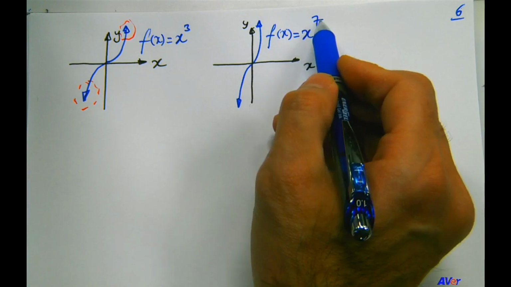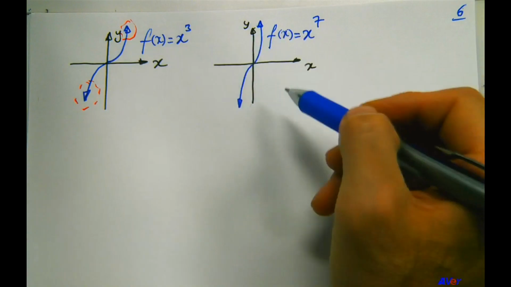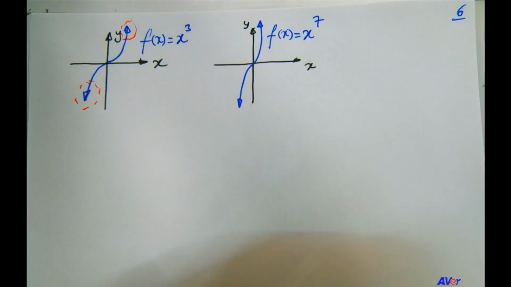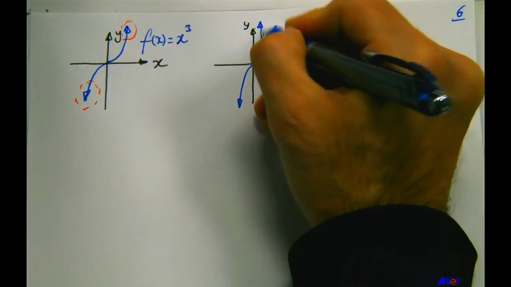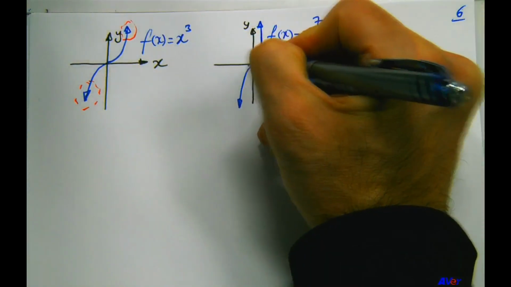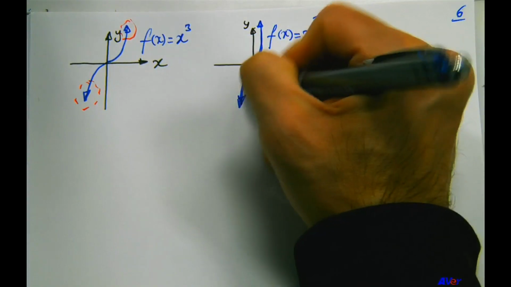But this is a higher power. So this is going to be a steeper graph than that one. Okay, so, and actually there will be a flattening here of that too. So something like that.